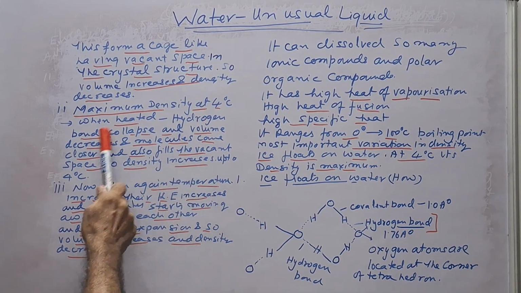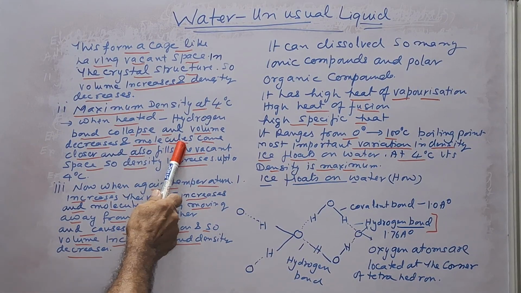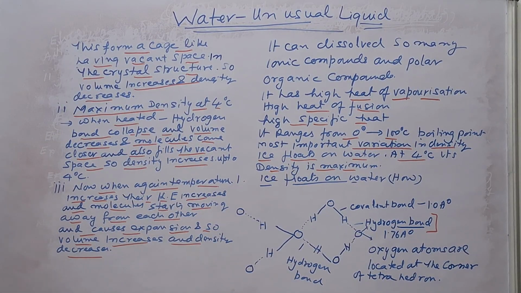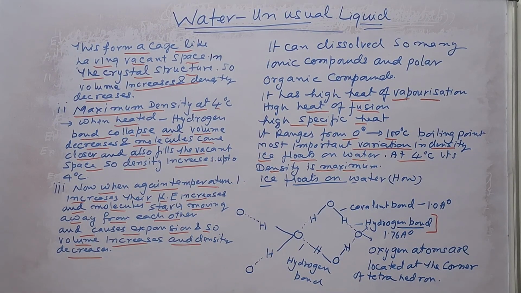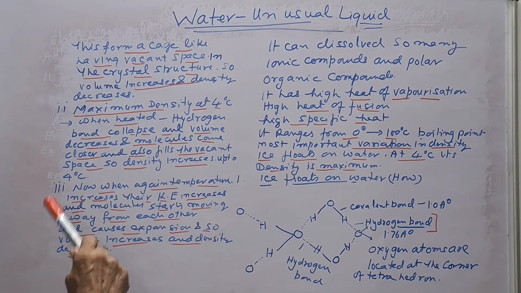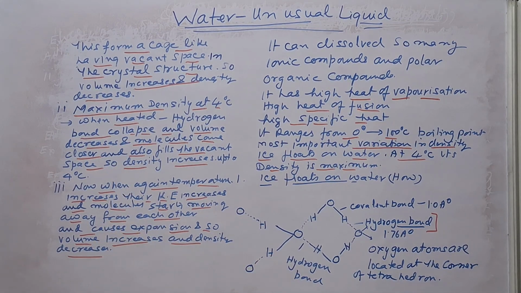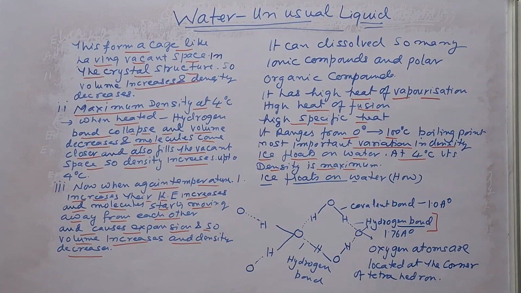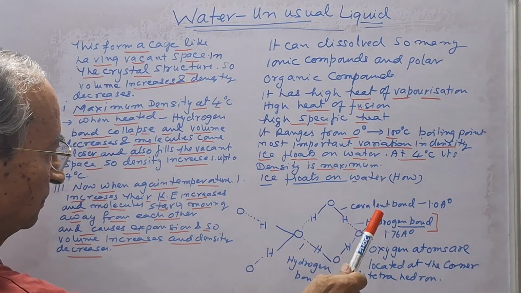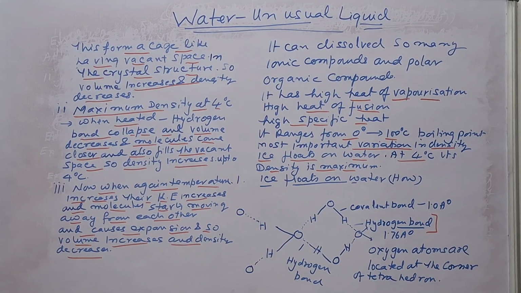The molecules come closer to each other and fill the vacant space. So volume decreases and density increases when heated up to 4 degrees centigrade. So we say at 4 degrees centigrade, the density of water is maximum.